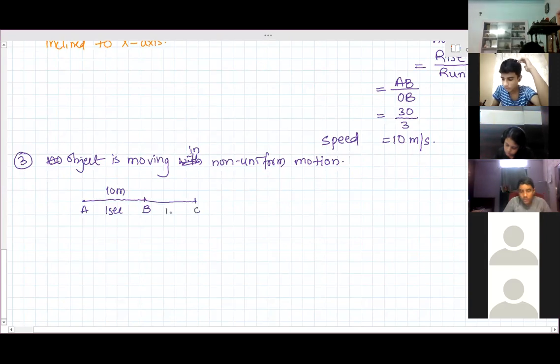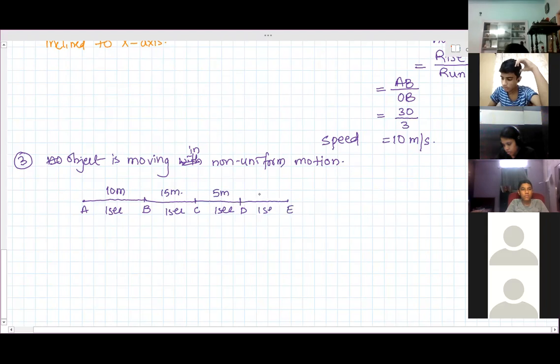B to C, in the next 1 second, it covers 15 meters. C to D, in the next 1 second, it covers only 5 meters. Now D to E, in the next 1 second, it covers 20 meters in 1 second only.